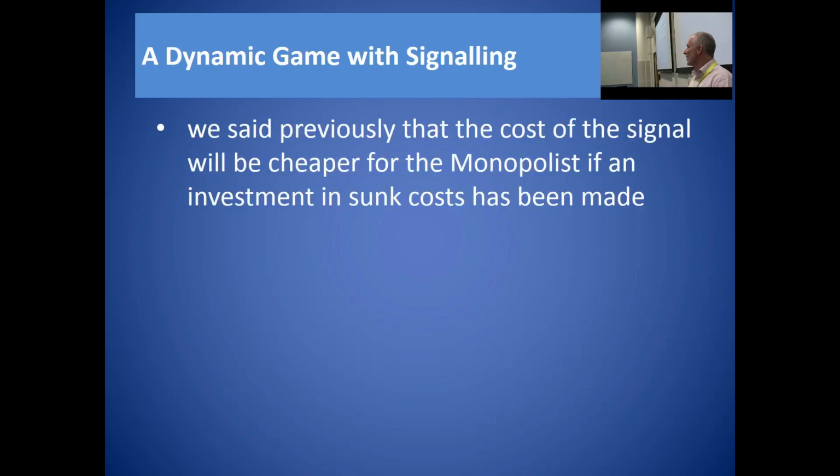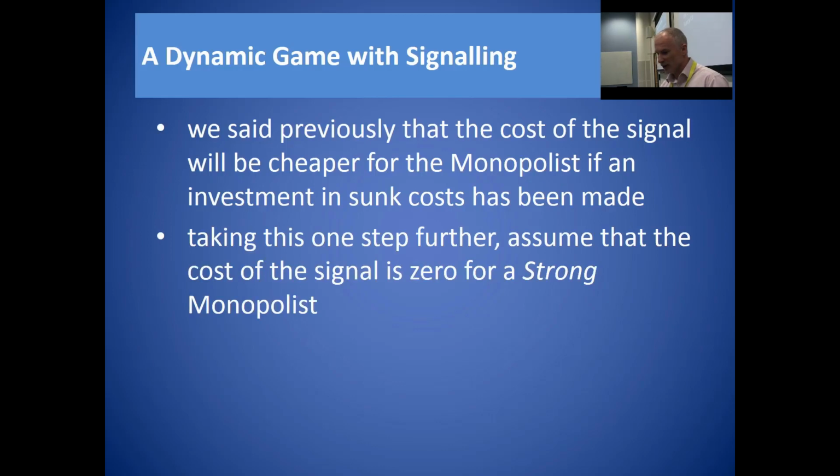So, I said previously that what underlies this is that it should be easier for the strong monopolist to send that signal. And the way that I formulated this in terms of an advertising campaign, targeted at existing customers. Let's take this one step further.